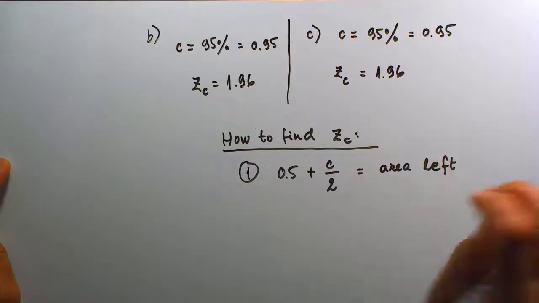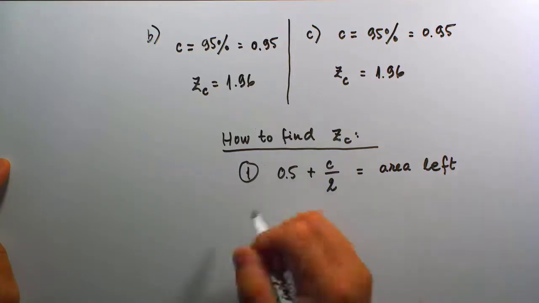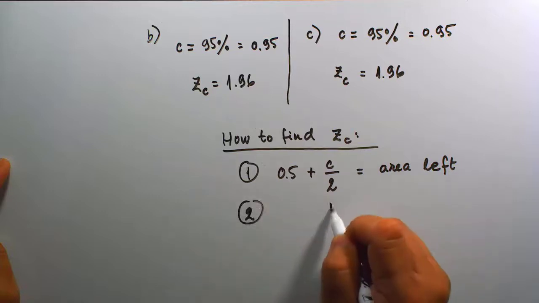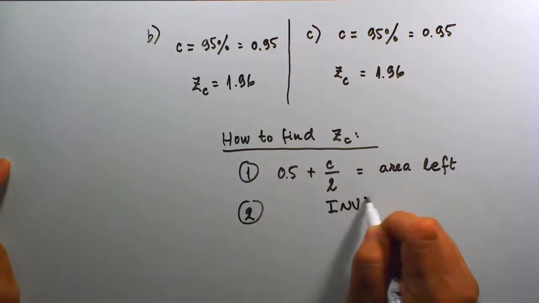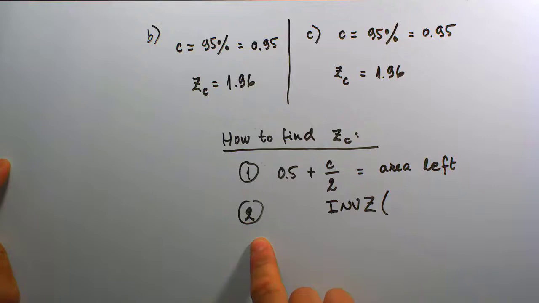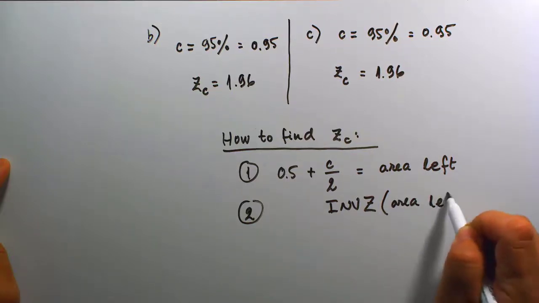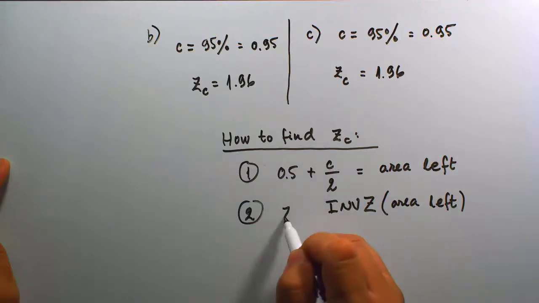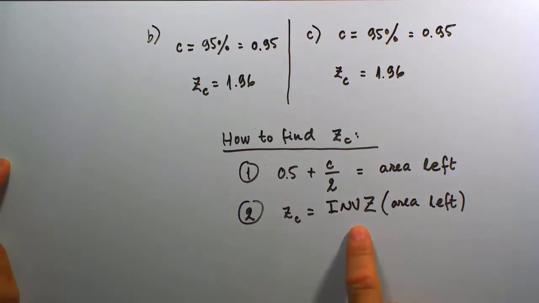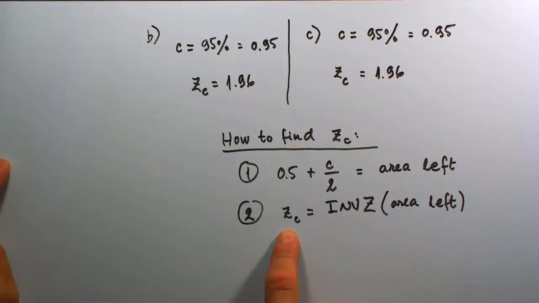Then we provide this area left into our INVZ program, which runs in step number 2. Once we finish running step 2, we come out with our z sub c.